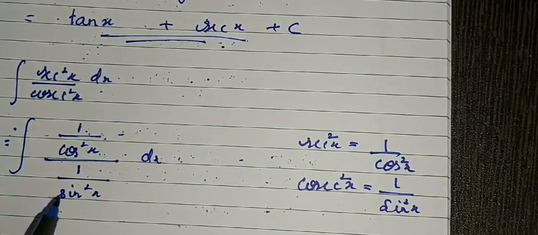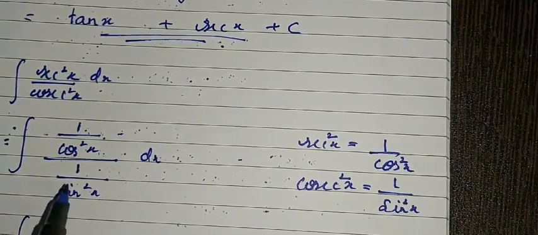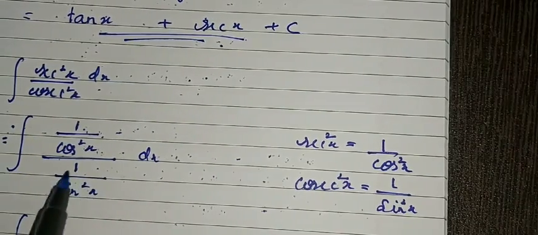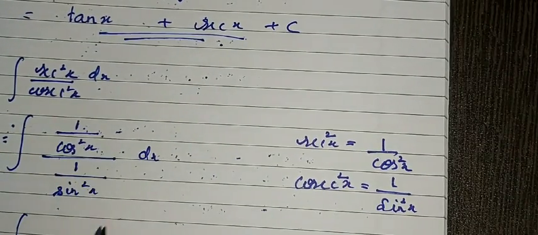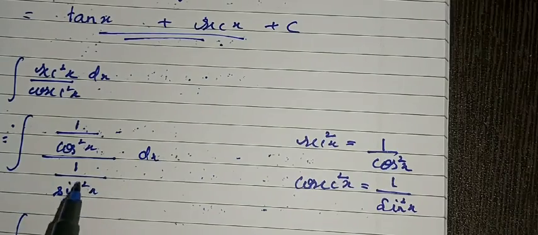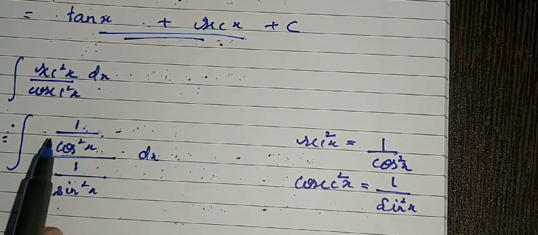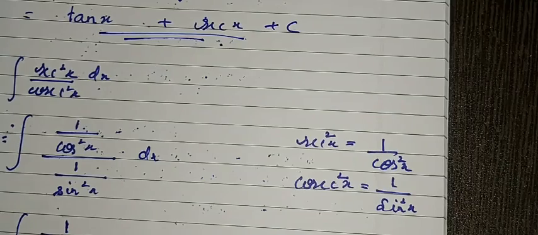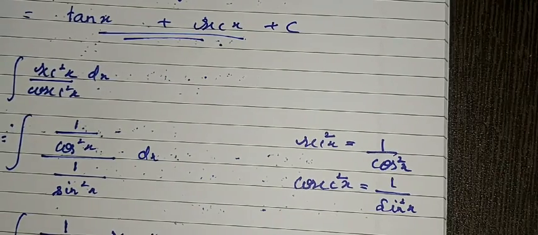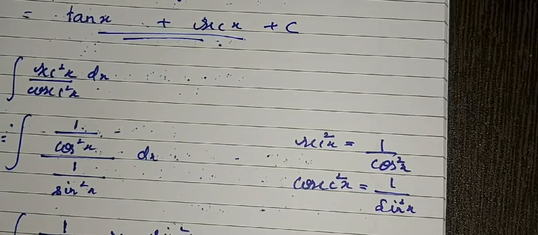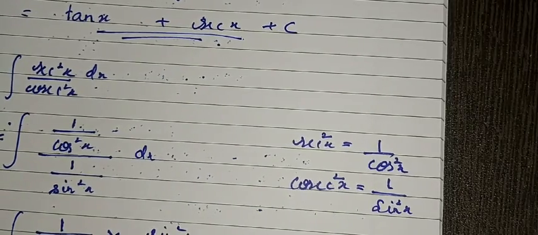So we can write it as 1 by cos square x by 1 by sin square x dx. So in order to make it look proper, take the reciprocal of the denominator and multiply it to the numerator. So it will be like this: 1 by cos square x into sin square x by 1.